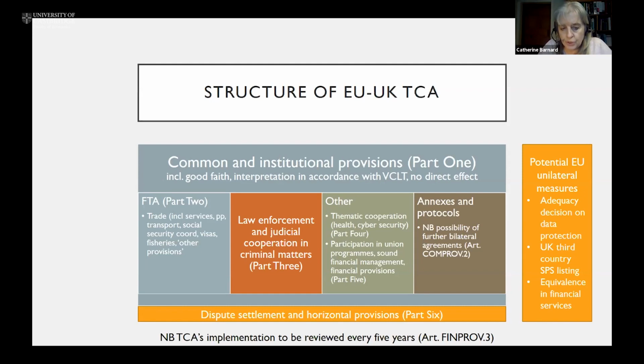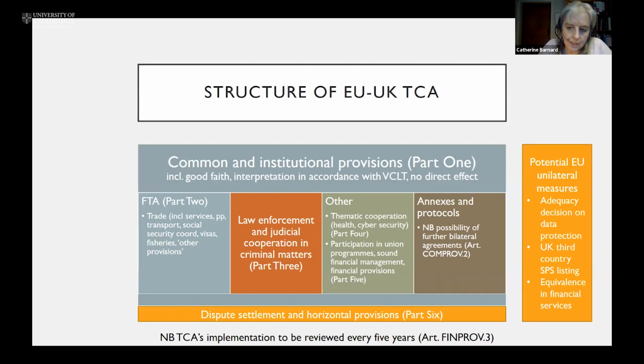And then you've also got another pillar, a surprising pillar in fact, on law enforcement and judicial cooperation in criminal matters. This is a much more sophisticated and detailed provision than had been expected. And then there are other bits of the treaty, which I won't mention in any detail, including the possibility of the UK having access to union programs like Horizon 2020.